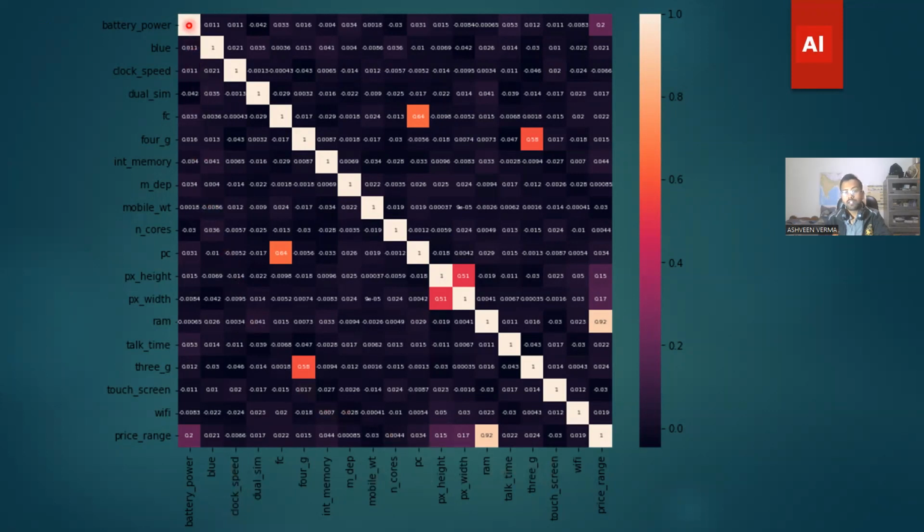This shows that on the diagonal, the graph between battery power to battery power, Bluetooth to Bluetooth is one. Bluetooth to other columns differs, but Bluetooth to Bluetooth column is stable.